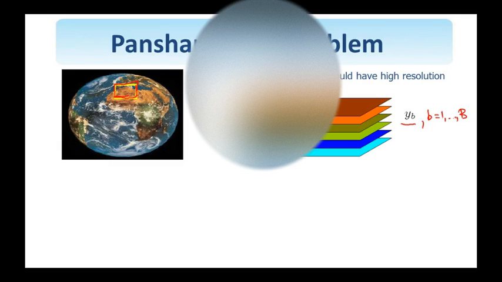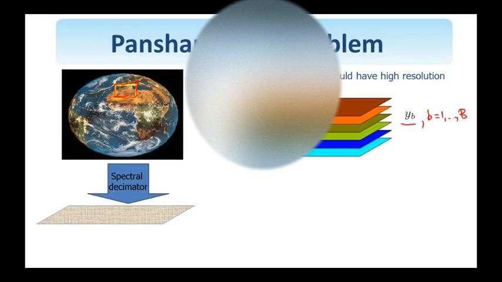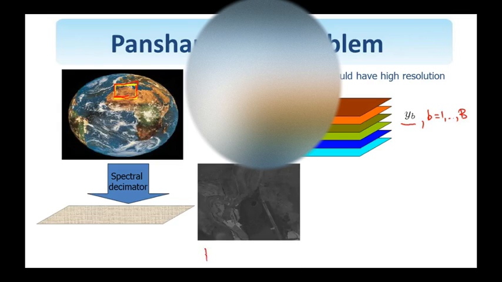But instead of generating these high-res multispectral images, a spectral decimation is taking place. So we are adding up the multispectral images this way, and a so-called panchromatic image is generated according to this model.